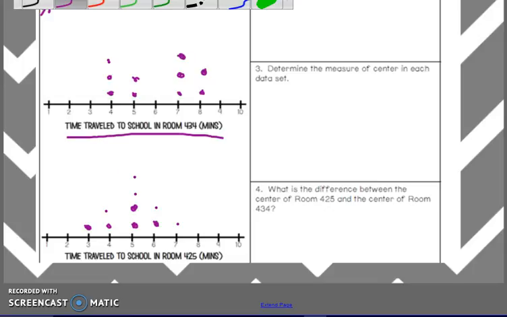So if you did this plot correctly, this should have 1 dot for 3, 2 for 4, 4 for 5, 2 for 6, and 1 for 7.